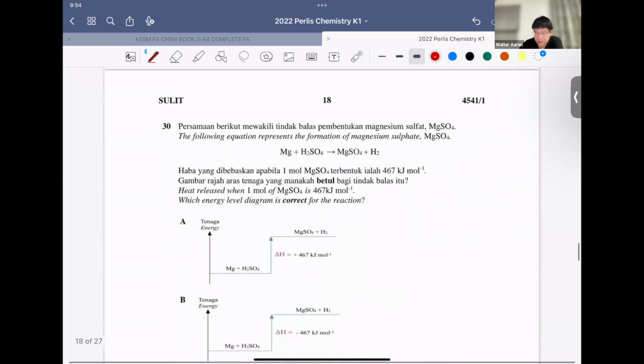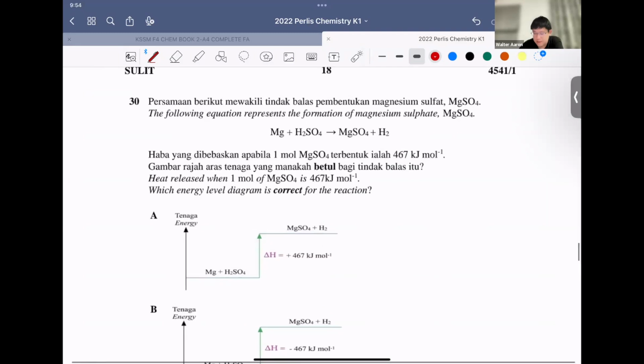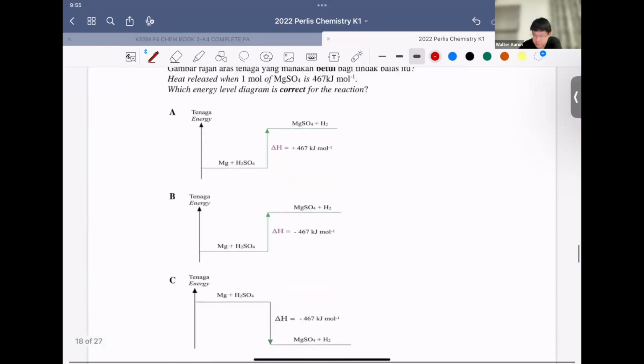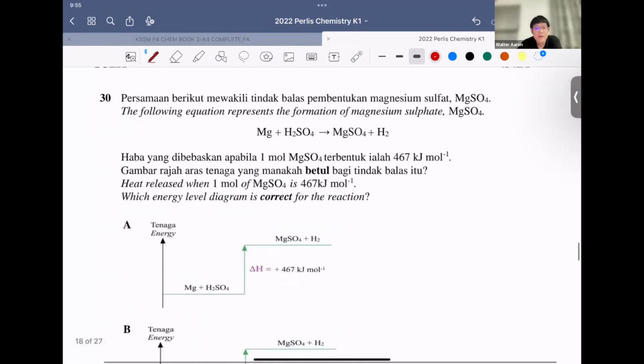Number 30. The following represents the formation of magnesium sulfate. Heat released when 1 mole of magnesium sulfate forms is 467 kilojoules per mole. They're asking which energy level diagram is correct. If you see properly, it says heat is released, which is an indication that it is an exothermic reaction.